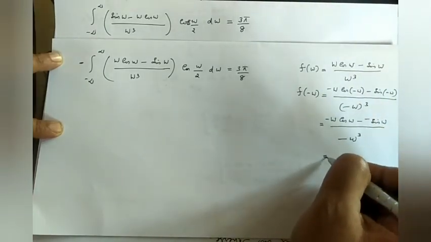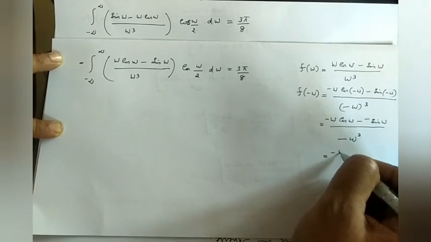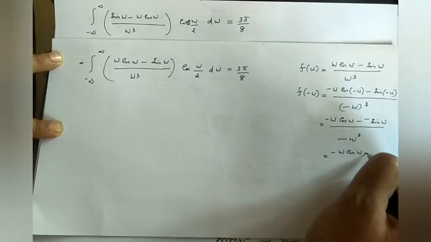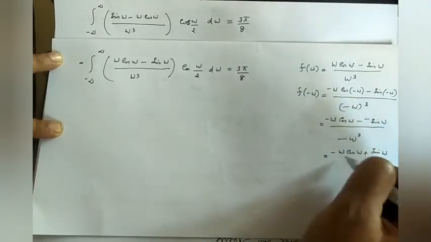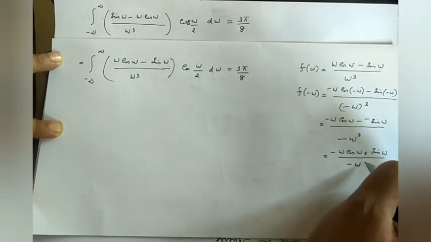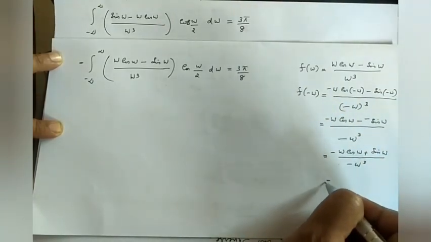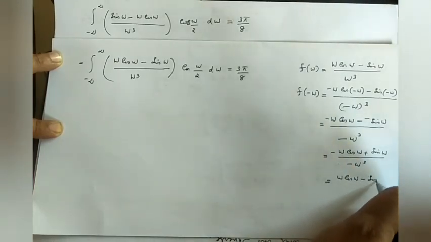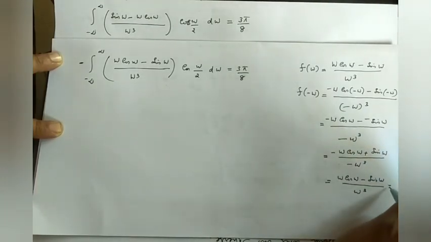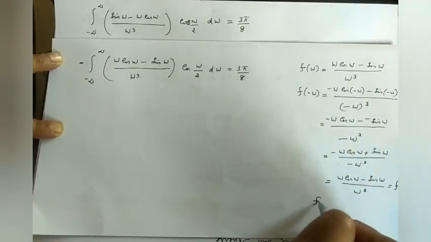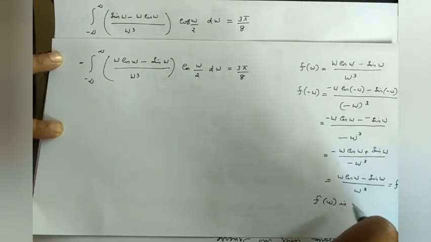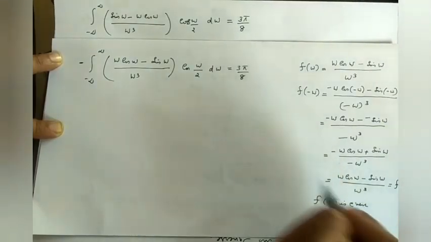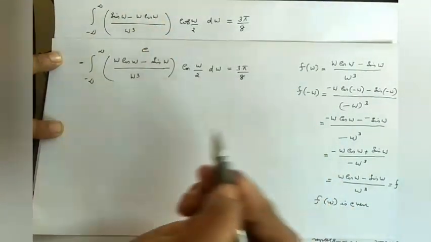Therefore, again we have minus omega cos omega plus sin omega by minus omega cube. Or by multiplying minus we get (omega cos omega minus sin omega) by omega cube, which is equal to the same f omega. Therefore, f omega is even. That means the first function is an even function.